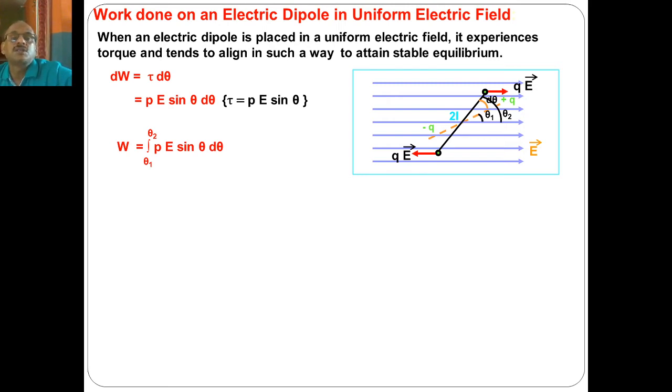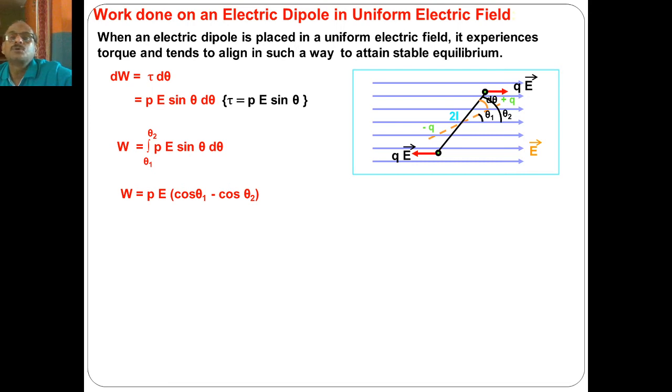We know the integration of sin theta d theta is minus cos theta. So if we substitute the proper limits, we get W equals P E (cos theta 1 minus cos theta 2). This work done is stored as electrostatic potential energy.